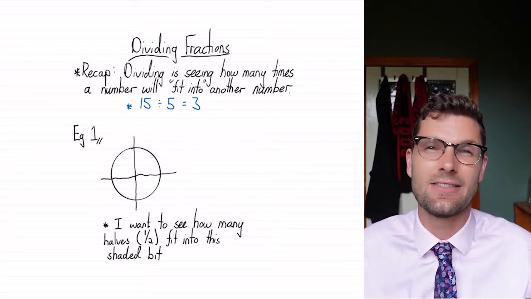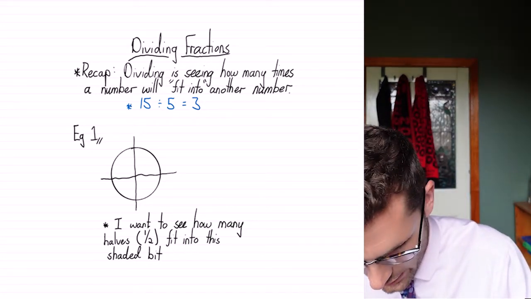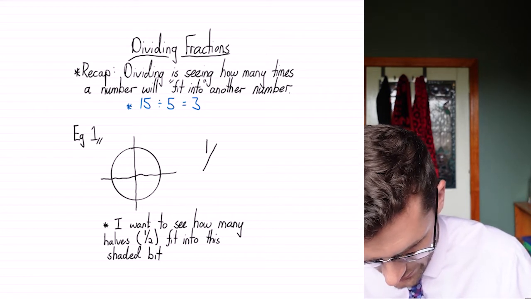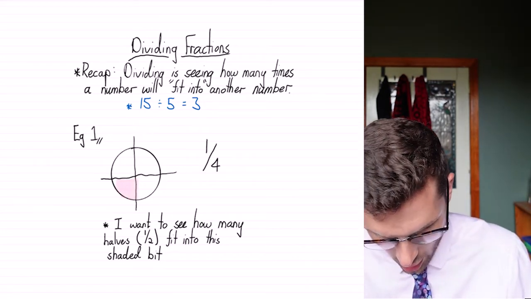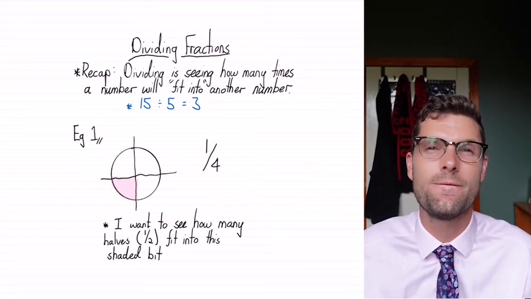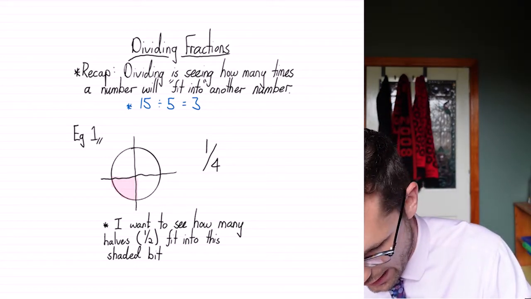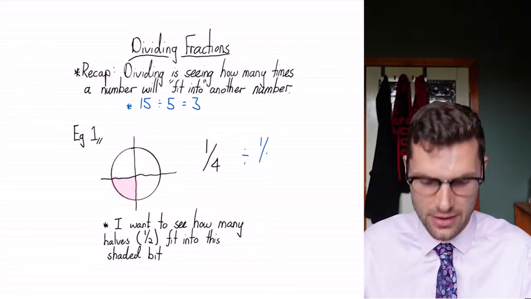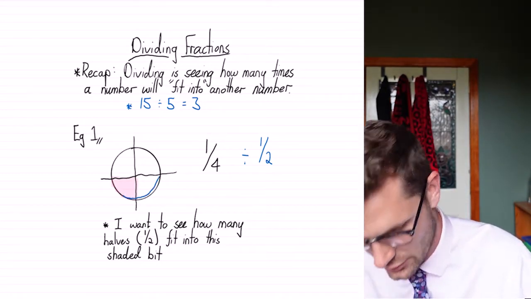So we're going to see here that I've got a circle that's put into quarters. So I've got 1/4 and I'm just going to highlight that 1/4 in pink. What I want to know is how many halves of the whole fit into this 1/4. So if I divide this by a half, I'm asking how many times does this half fit into a quarter?